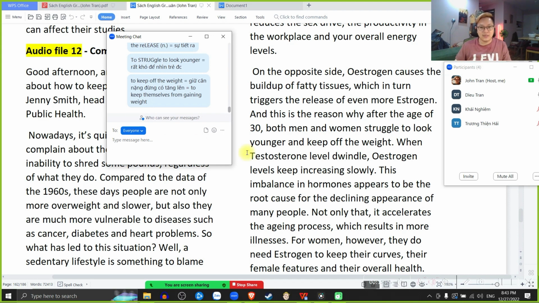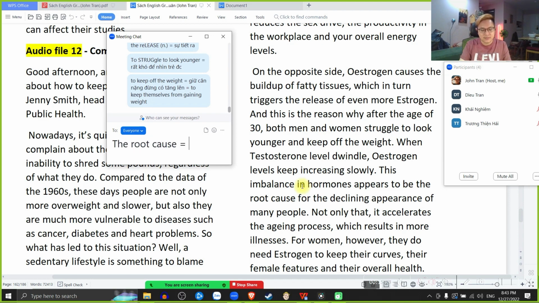When testosterone level dwindles, estrogen level slowly keeps rising. This imbalance in hormones seems to be the root cause.